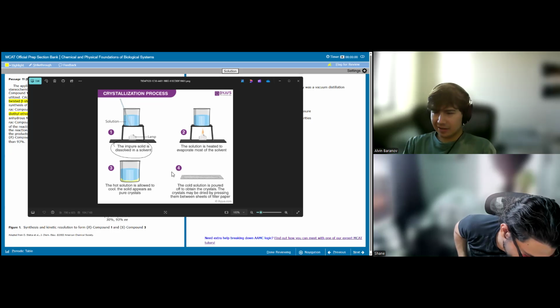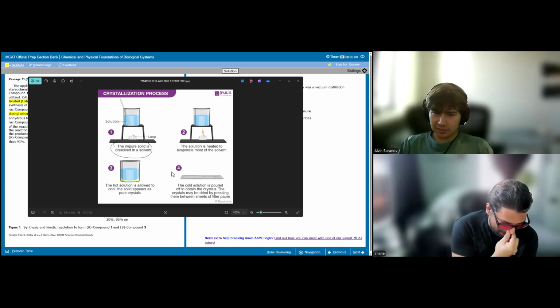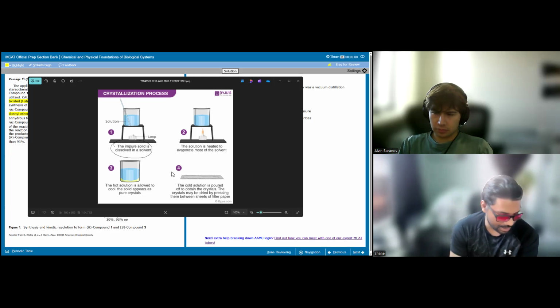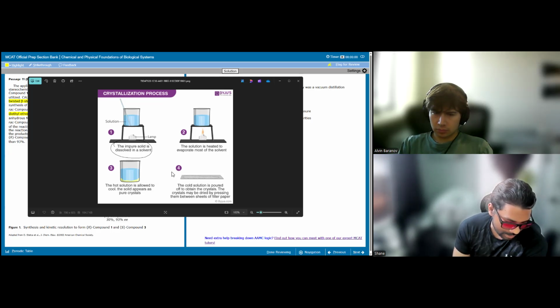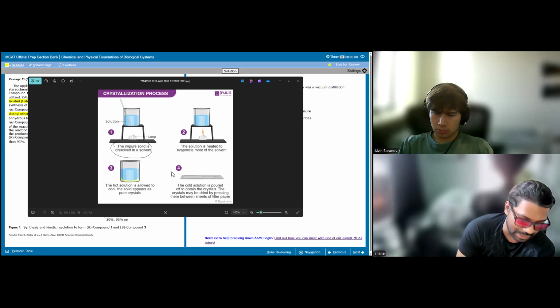The key is to cool slowly so that the impurities don't get a chance to get added to the crystal lattice. You also want to use a small amount of solvent so that you get your crystallization, the opposite of dissolution.